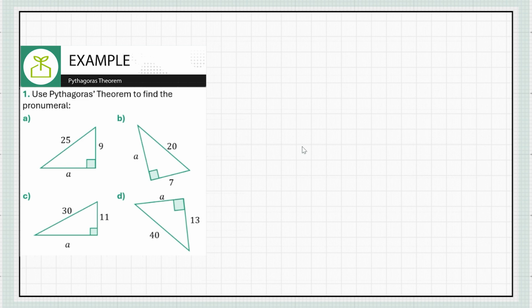So again, if we look at A, we know that our Pythagoras theorem is c squared equals a squared plus b squared. Because we've been given c, our hypotenuse, in our first one, which is 25, 25 squared is equal to a squared plus 9 squared, because we still have the a and we have the 9.